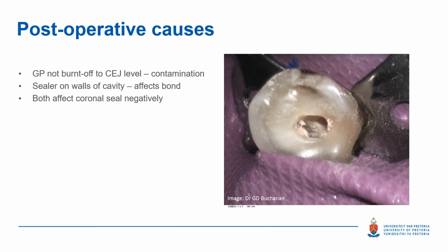So you'll often find when you're burning off your GP that there's quite a lot of sealer on the axial walls of your preparation. Take some 70% alcohol solution and actually remove that sealer prior to bonding and restoring the tooth, because if you leave sealer behind, it can cause leakage of your restoration and then bacteria can get back into your root canal.